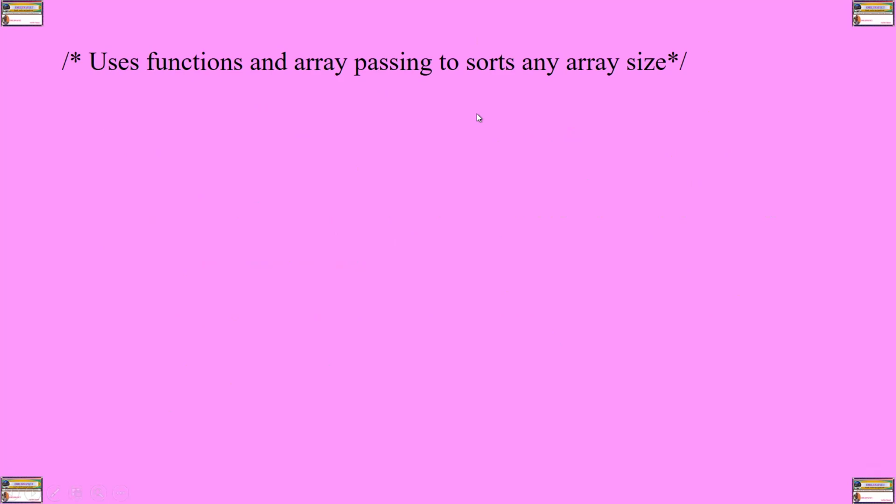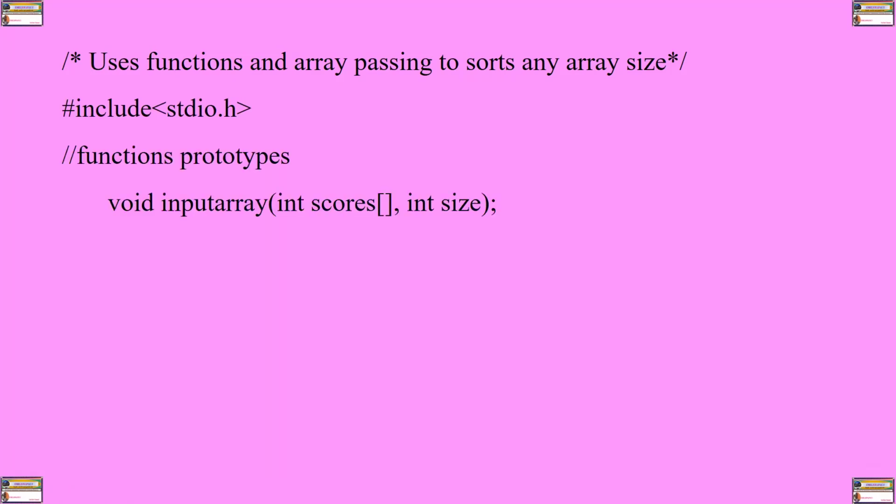So the program begins with a comment: this program uses functions and array passing to sort any array size. That's our preprocessing directive there. And then we prototype our functions. The first prototype is for a function called input array.